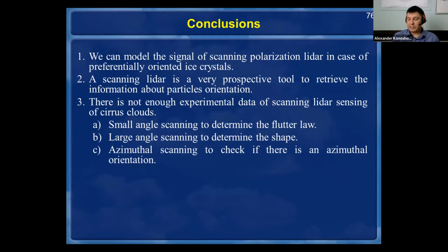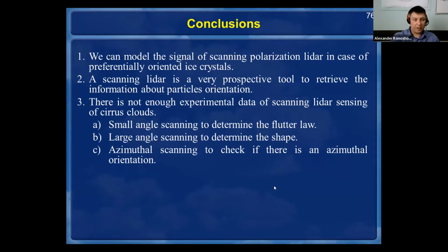And you don't really need to know a priori the size distribution in clouds and the concentration of the particles in the clouds. Even if you don't understand this, you can understand the particle orientation using the scanning lidar. It is very important information for the radiative transfer problem.